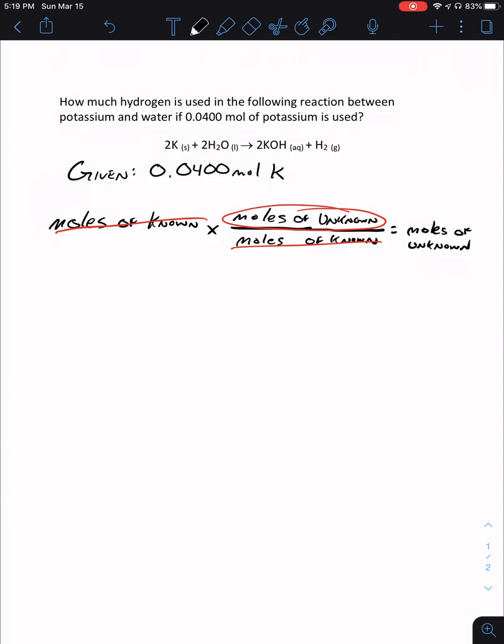So 0.0400 moles of potassium. That was our given, right?